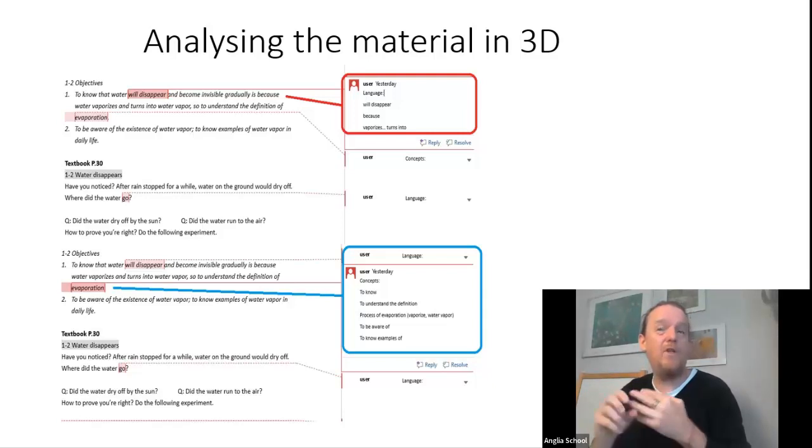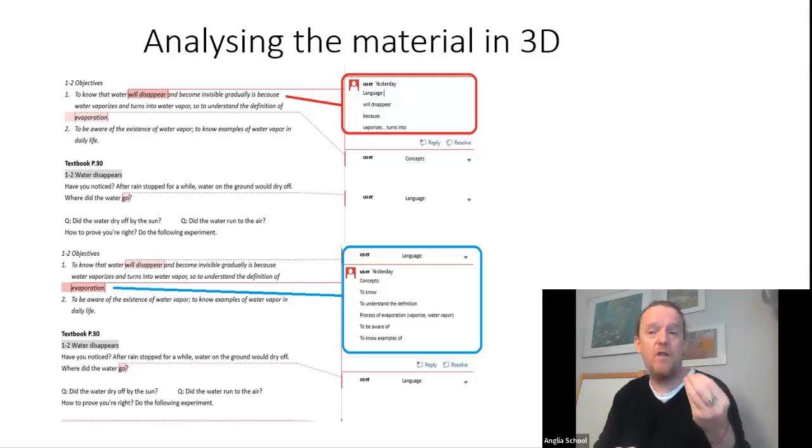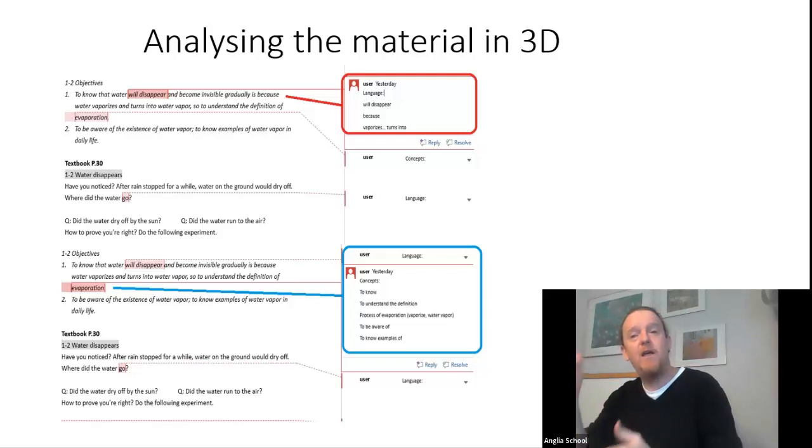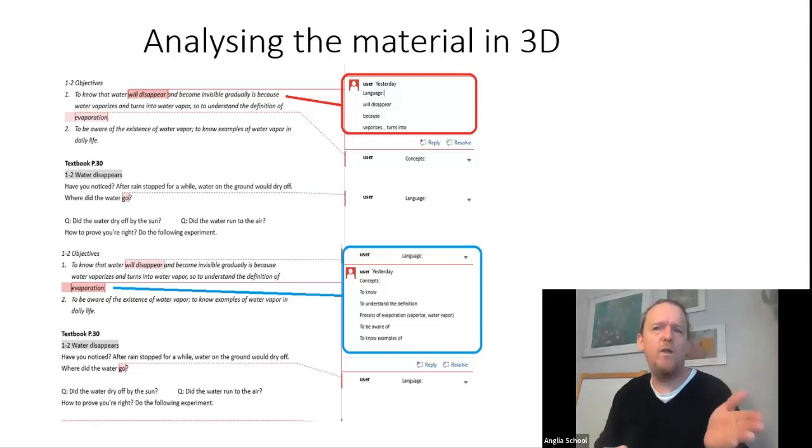So we're looking at language which is repeated, actual structures which are repeated throughout the material. You can look at 3 layers of language: subject specific, general academic, and then peripheral language of the classroom. Here we can see some phrases such as "will disappear" appears on 2 occasions.